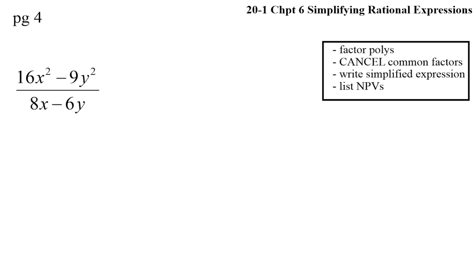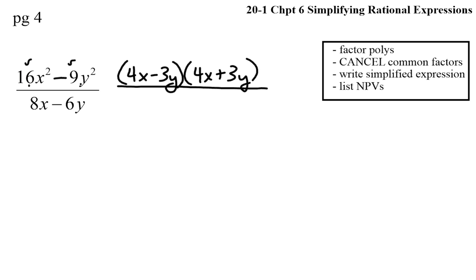(16x squared minus 9y squared) over (8x minus 6y). Up top, 2 terms being subtracted, both square rootable. We end up with 4x minus 3y times 4x plus 3y, difference of squares.